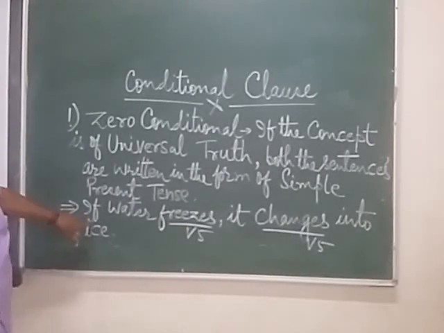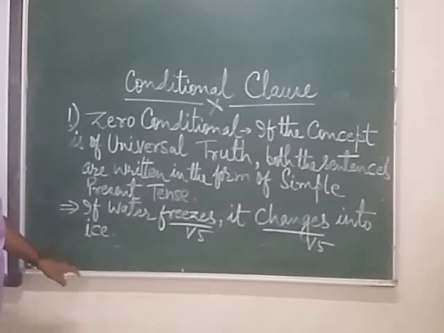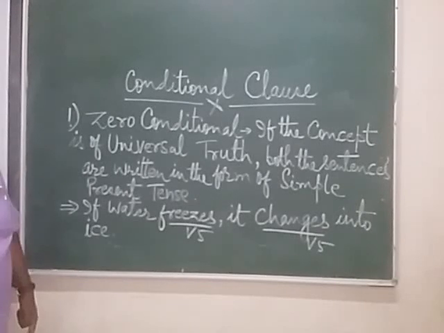I have applied the word if here, but instead of if, other synonyms can also be used, as I have shown you: when, in case, provided, until, unless, otherwise, else, or lest.